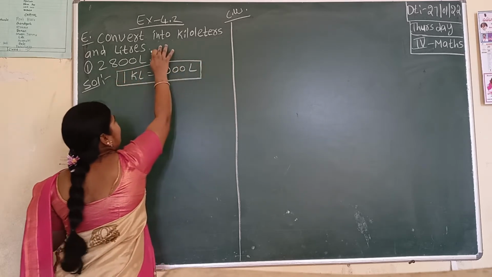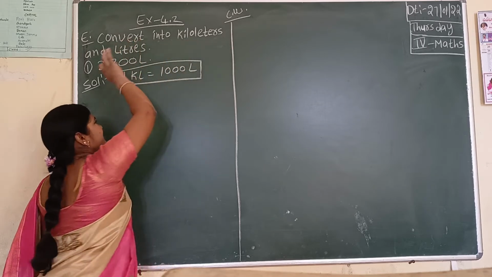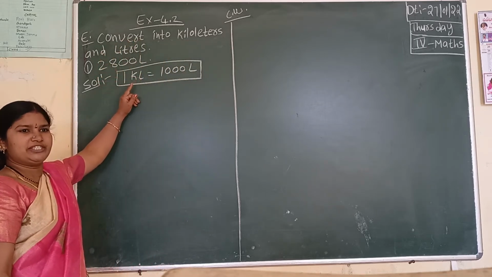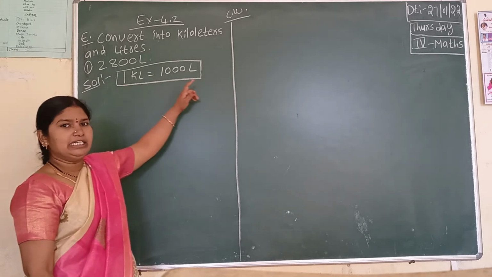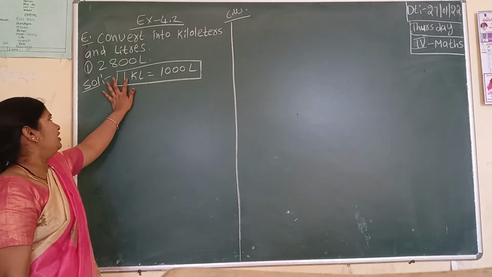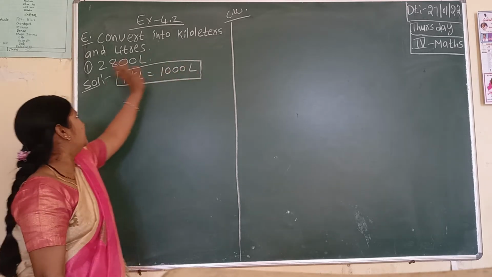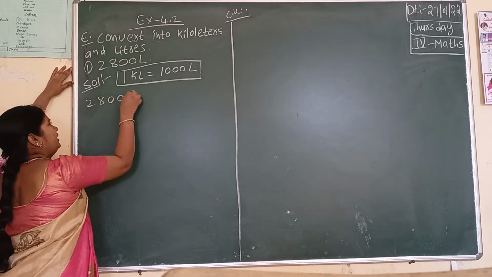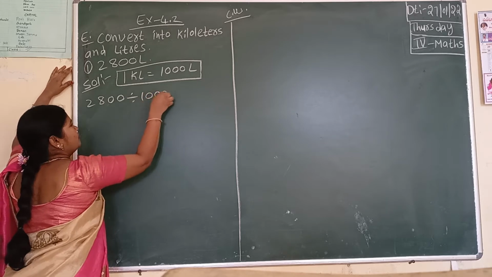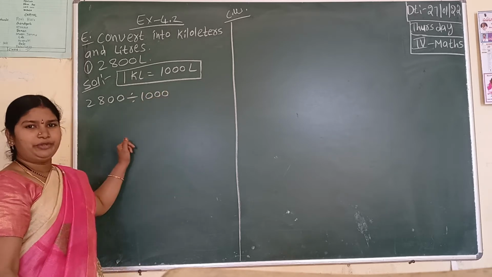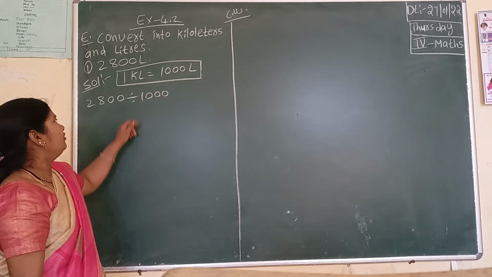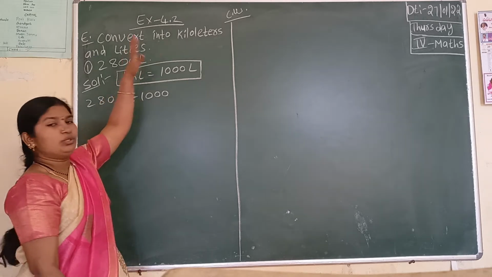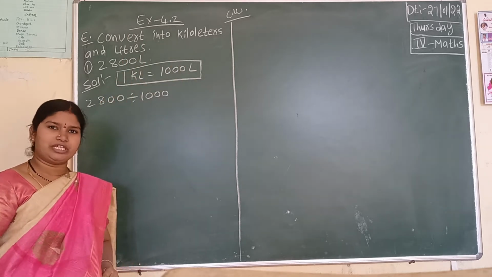When they are asking convert into kiloliters and liters, you have to take the formula which is in kiloliters and liters. Now we are taking 1 kiloliter is equal to 1000 liters. You have to do the division. 2800 divided by 1000. Why are we doing division? To convert the lower units to higher units, you have to do the division only.